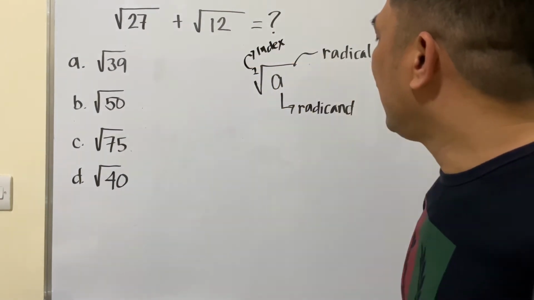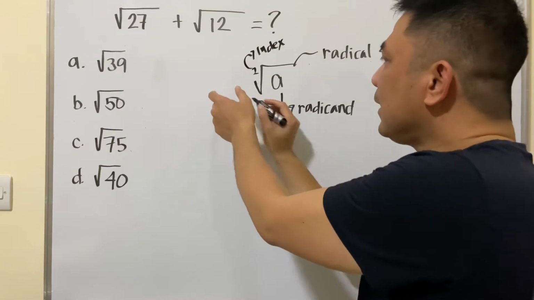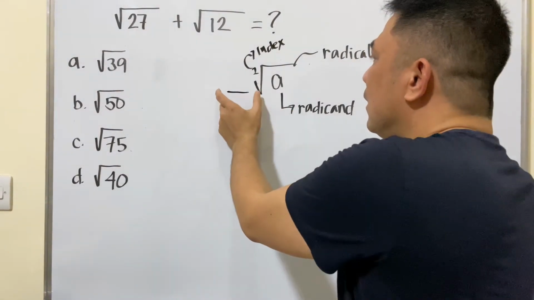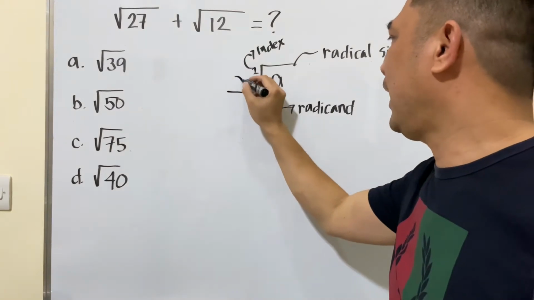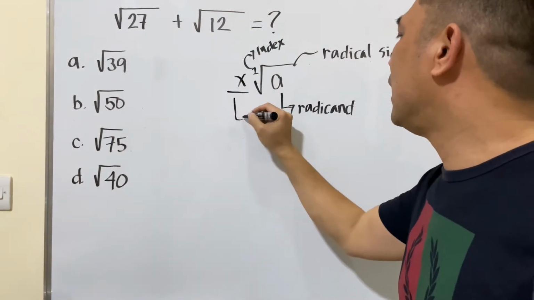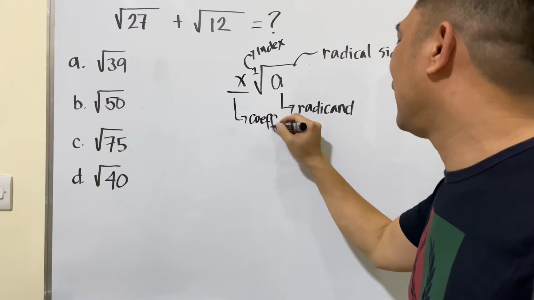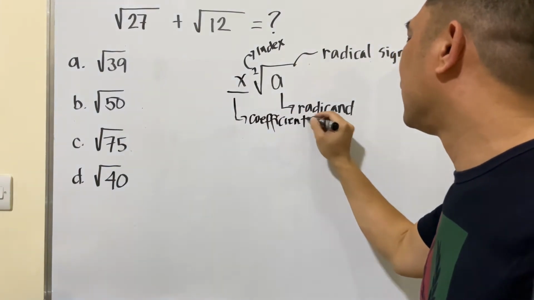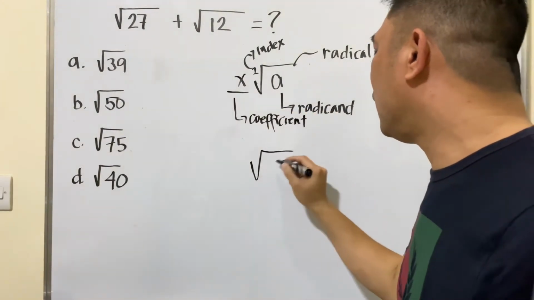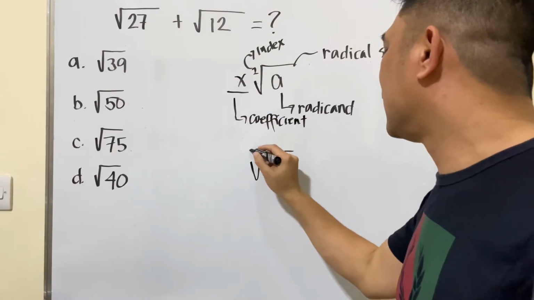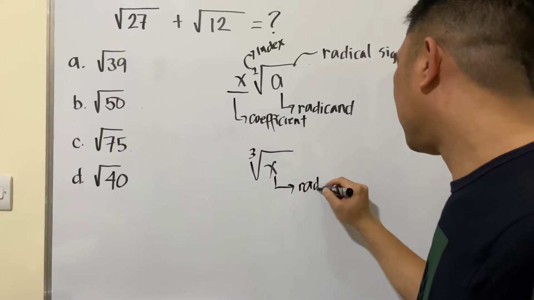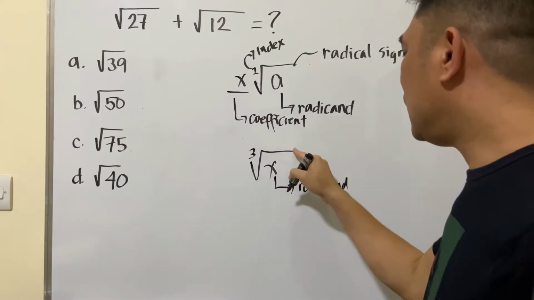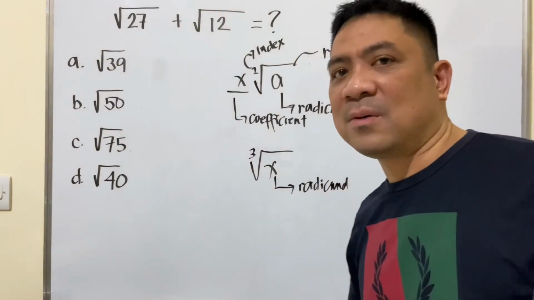Any number before this radical we can term the coefficient. For example, you have x here, this will be the coefficient. If you have the cube root of x, that will be our radical, this will be our radical sign, and that will be our index.